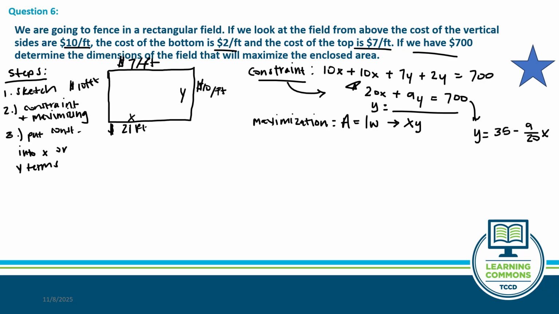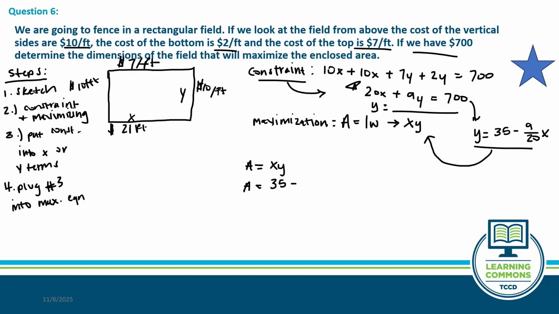So now I'm going to plug this into here. So a equals x times y, or a equals 35 minus 9 over 20 x times x. Okay, now I'm going to distribute that really quick. So a equals 35x minus 9 over 20x squared.